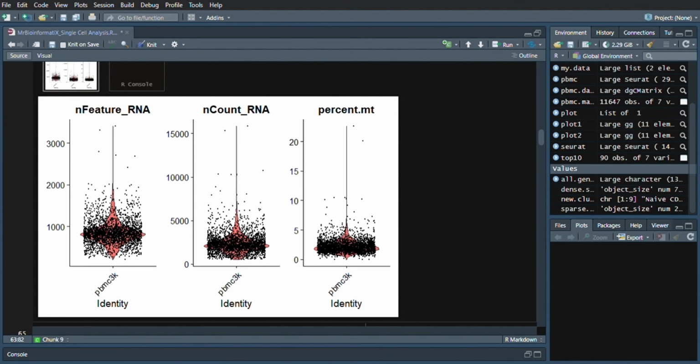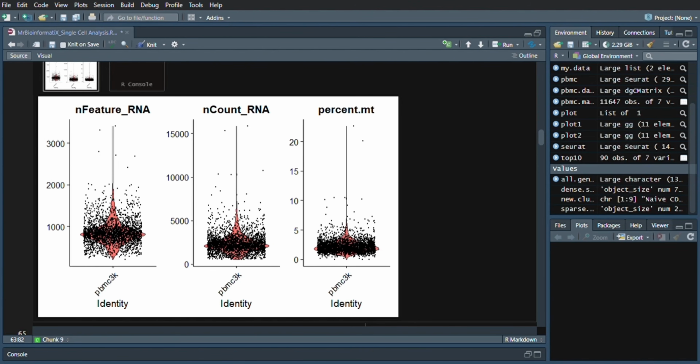Most of the black dots are clustered under 1,000 on the y-axis, indicating that the majority of cells have fewer than 1,000 unique genes. And regarding the second plot, which is nCount_RNA, it shows the distribution of total RNA molecules detected across all cells. The y-axis represents the total number of RNA molecules, with values 5,000, 10,000, and 15,000. Each black dot represents a single cell's total RNA count.